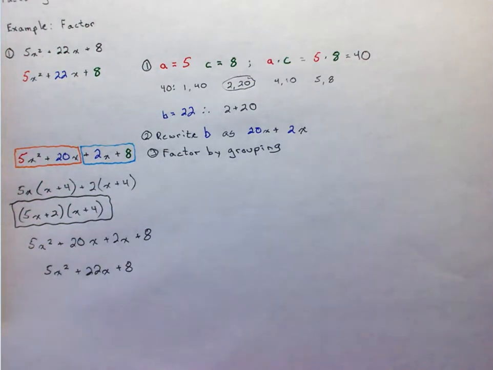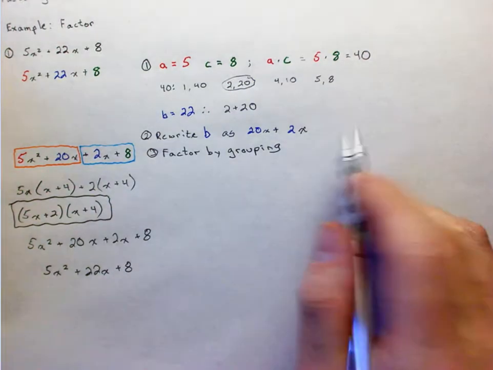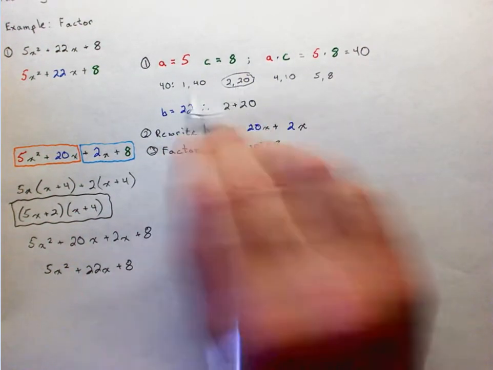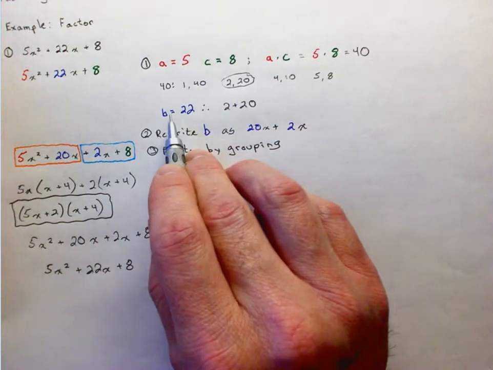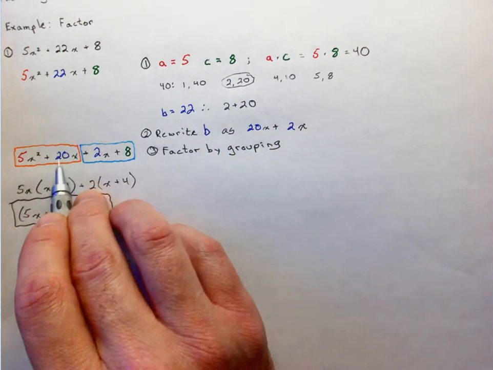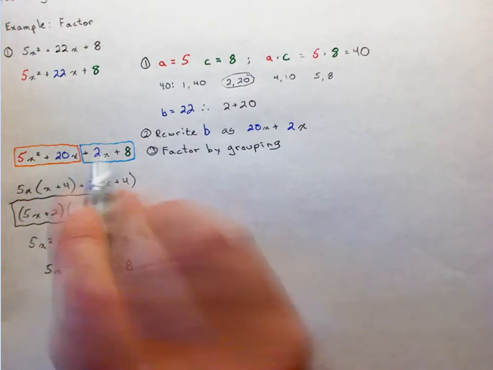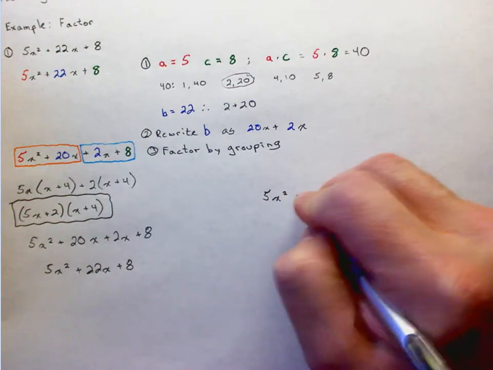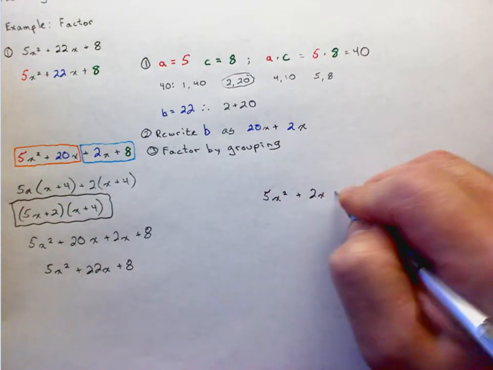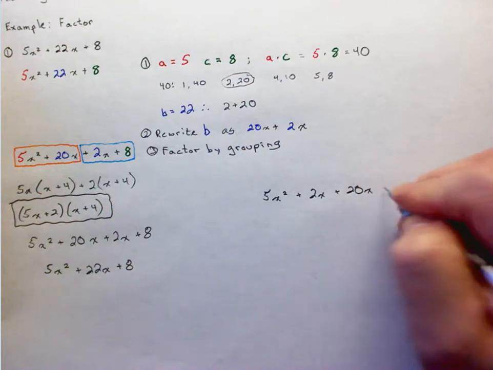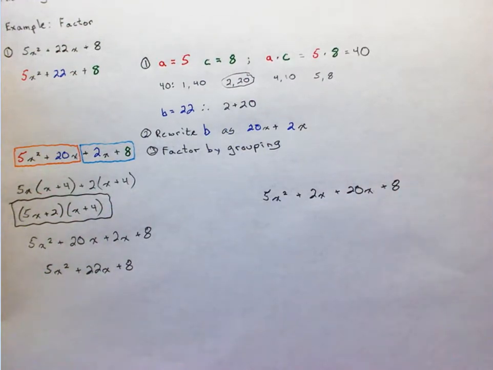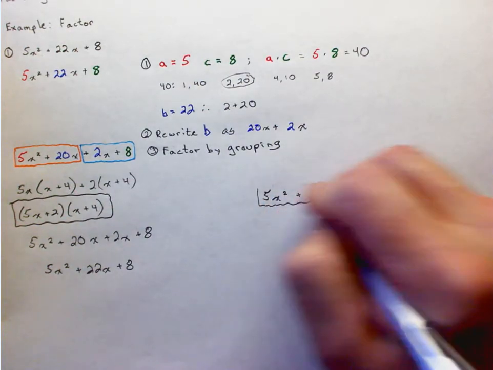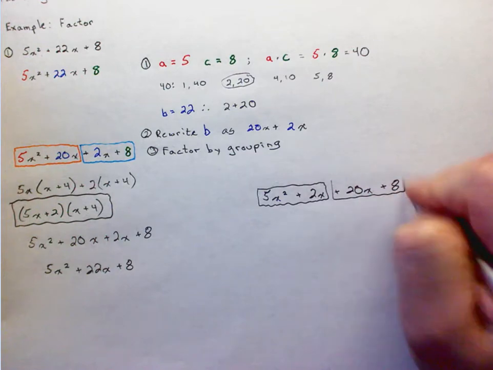One thing I want to point out is that whenever I find the pair of factors that sum to b, I chose to write 20x plus 2x. What would happen if I wrote 5x squared plus 2x plus 20x plus 8? I can still do the same thing and factor each group.